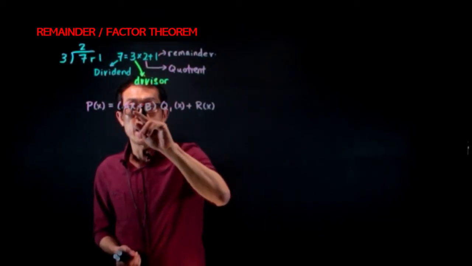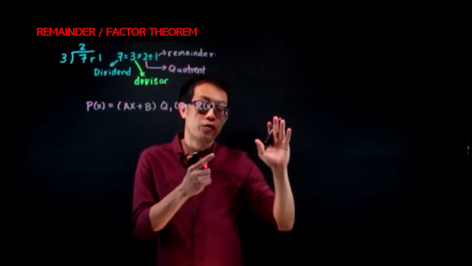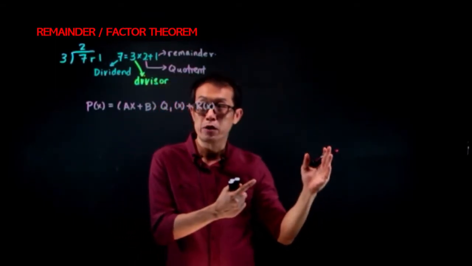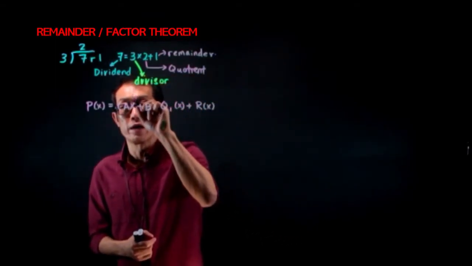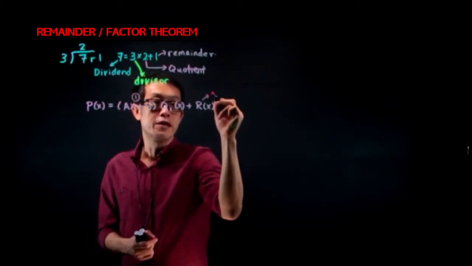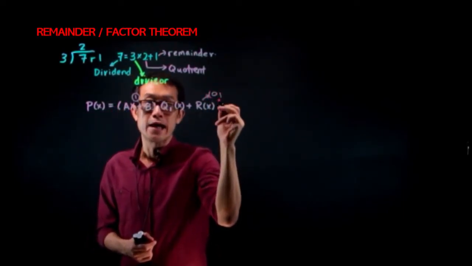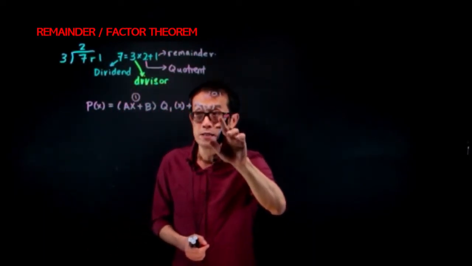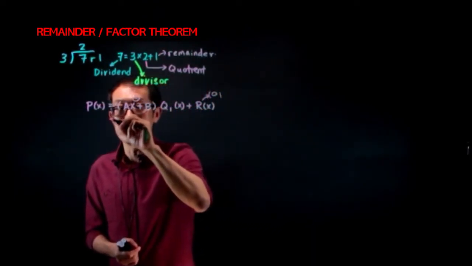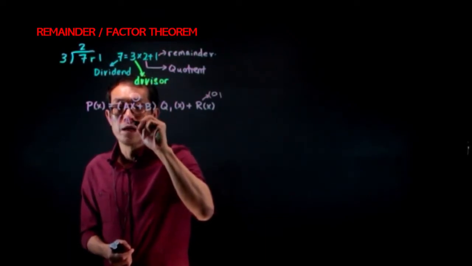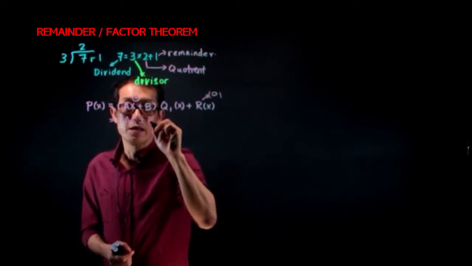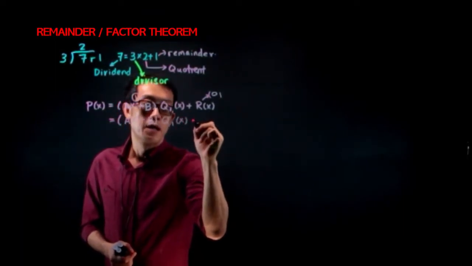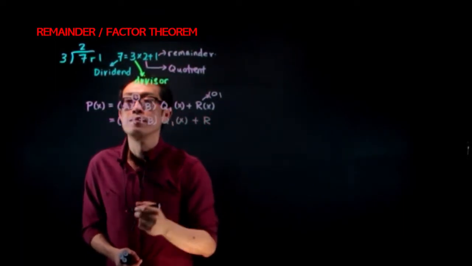You take the highest power of x. Alright, that is the degree of the polynomial. So this is of degree 1. So this will be of degree 0. It's always less. Alright, so if it's always less, this will be a constant. Okay, so we can rewrite it as ax plus b into q1x plus r.